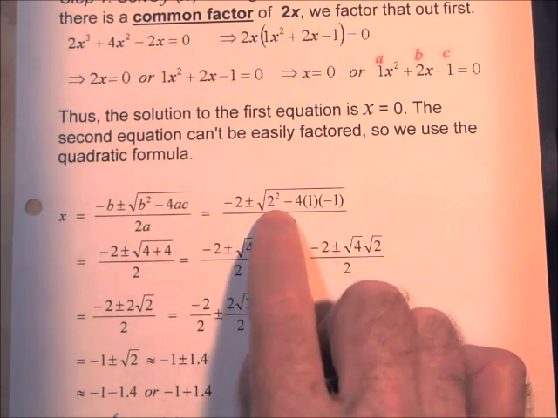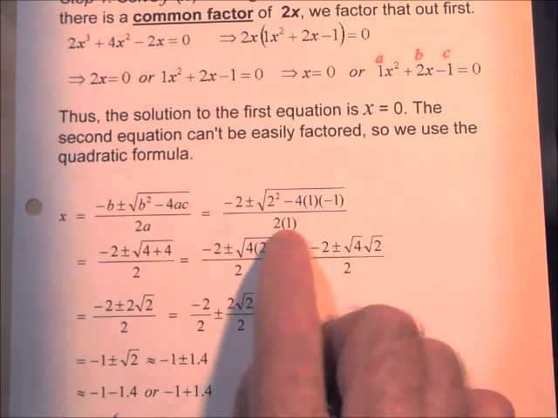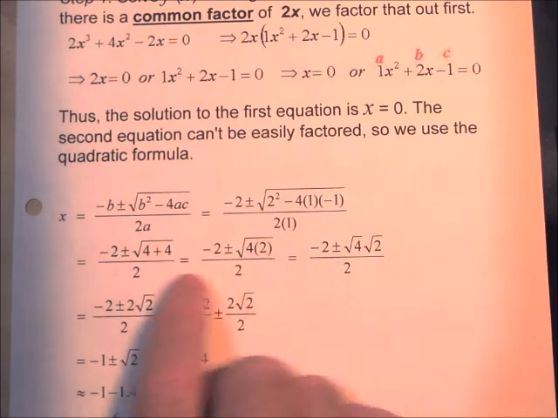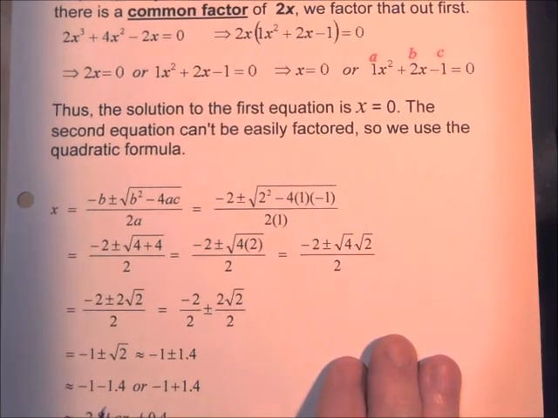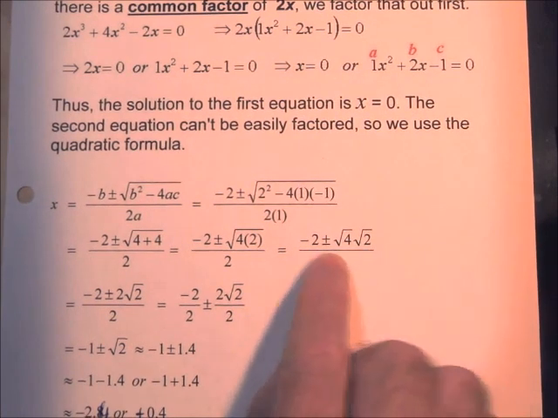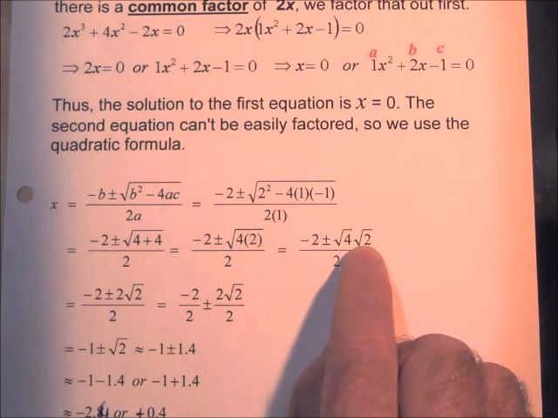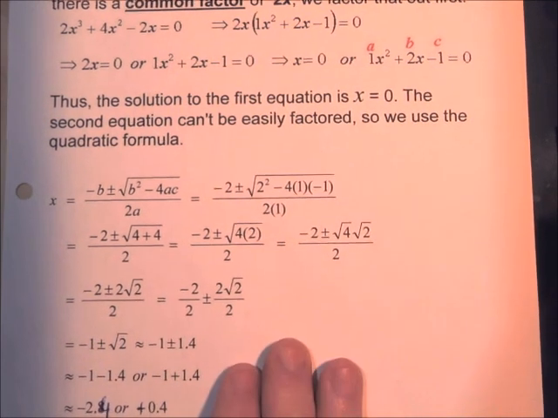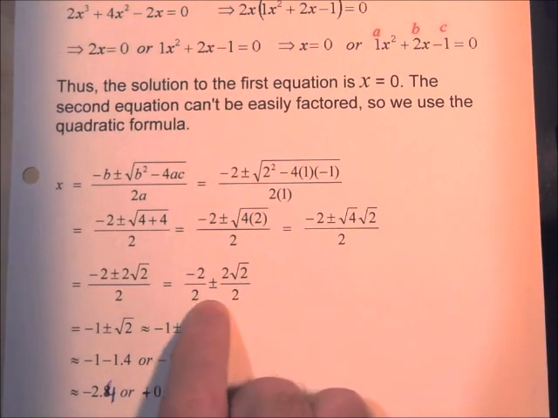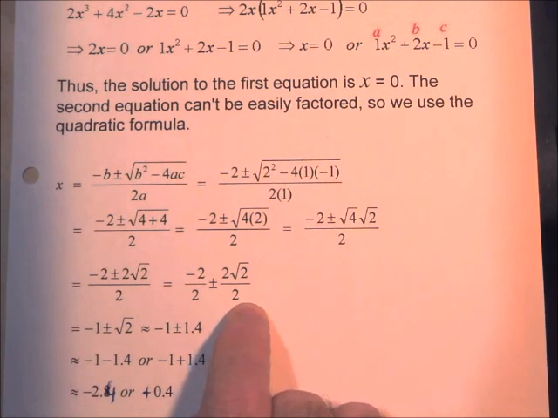Okay, so 2 squared is 4. Negative 4 times negative 1 is 4. 2 times 1 is 2. And 4 plus 4 is 8, which is the same as 4 times 2. As long as there's not more than one minus sign, the square root of a product is the product of the square roots. So we can write this as the square root of 4 times the square root of 2. The square root of 4 is 2. Then we can distribute the denominator: negative 2 over 2 plus or minus 2 root 2 over 2.